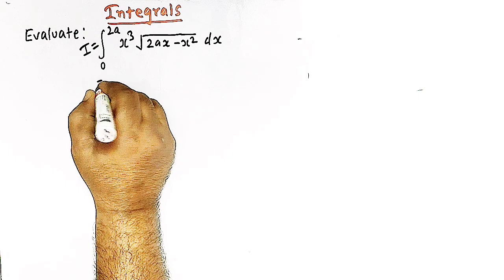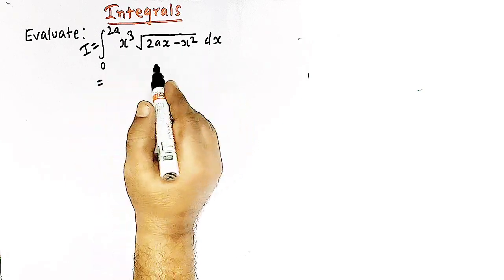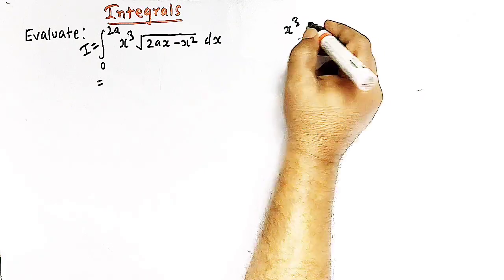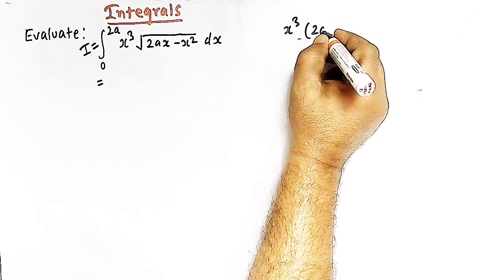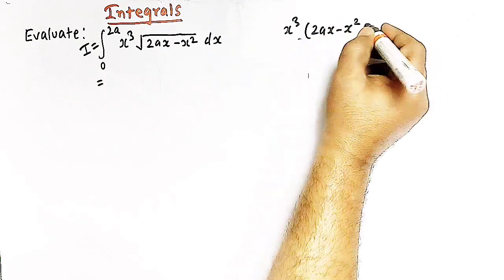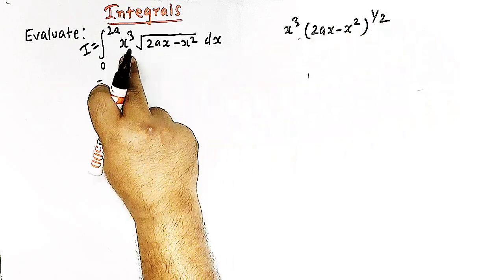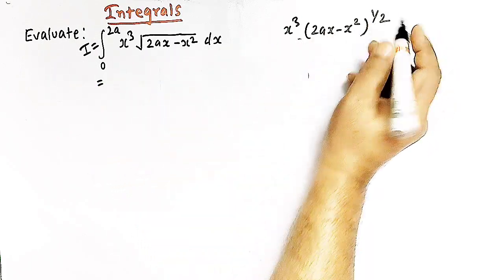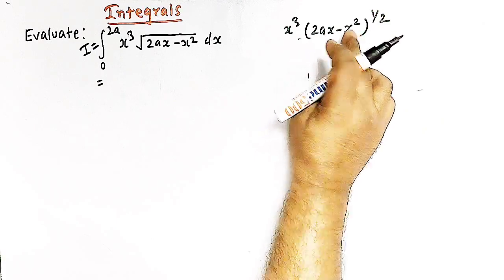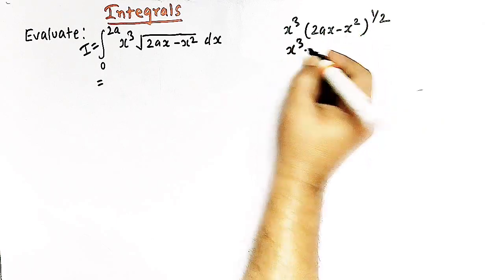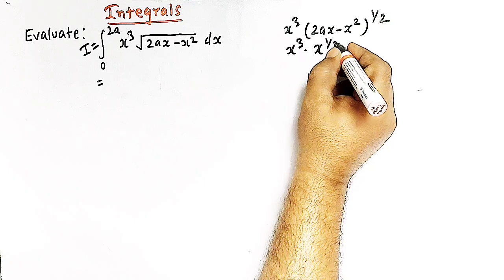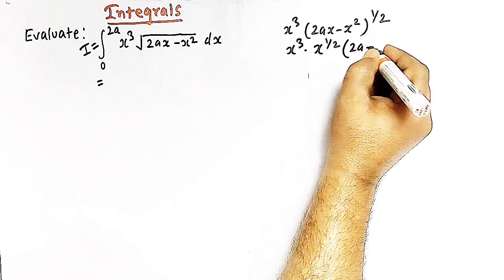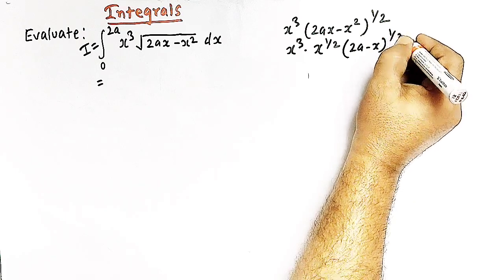So let us first write this integrand as x cube and square root of 2ax minus x square, raised to half. So we can write this integrand in this form. Now if we take x common from 2ax minus x square, then we have x cube, and here we have x raised to half, taking x common, and here we have 2a minus x raised to half.